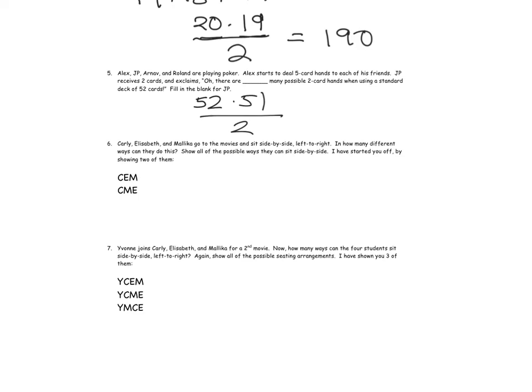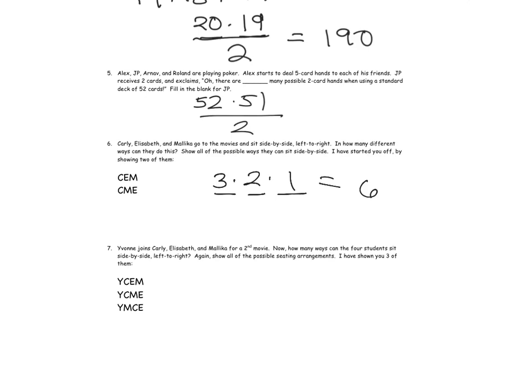Another way to think about it: here's the first spot, second spot, third spot. How many ways can I fill the first spot? There are 3 people, so 3 ways. Then someone's taken up a spot, so now there are only 2 ways to fill the next spot. That person's taken, and now there's only 1 way to fill the third spot. So that's 6 different ways.